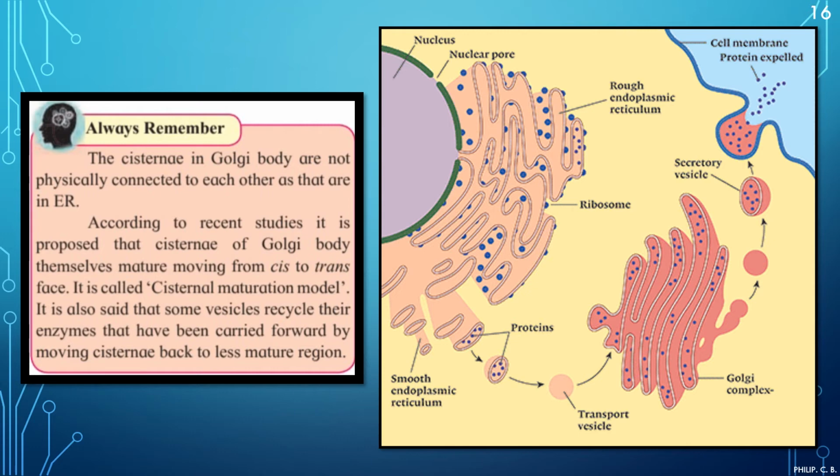It is also said that some vesicles recycle their enzymes. They are carried forward by the moving cisternae back to the less mature region, that is, towards the right.